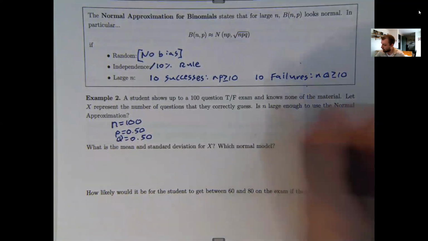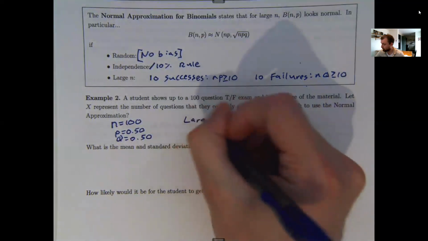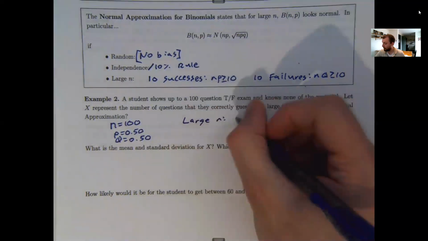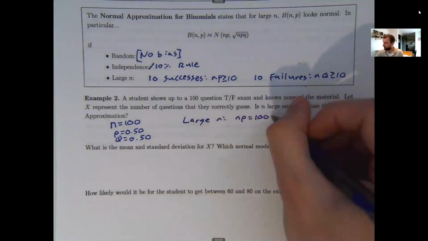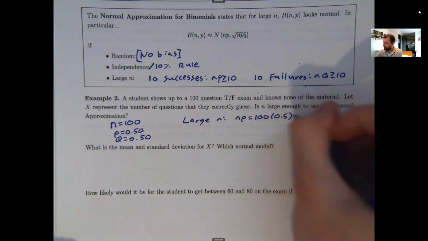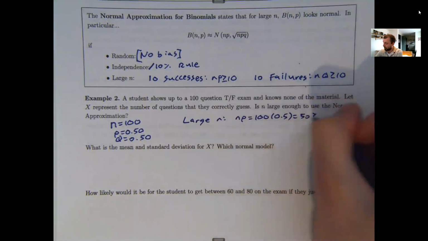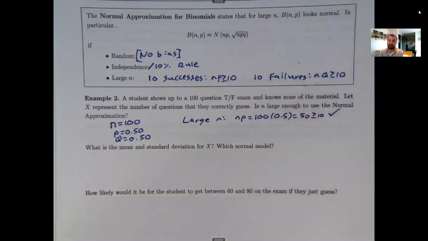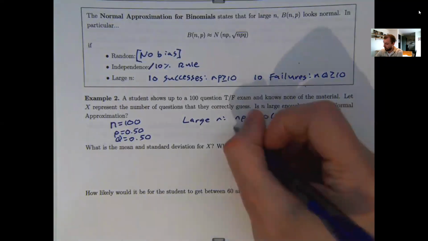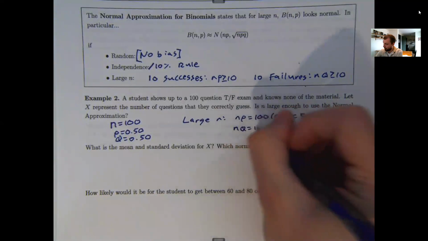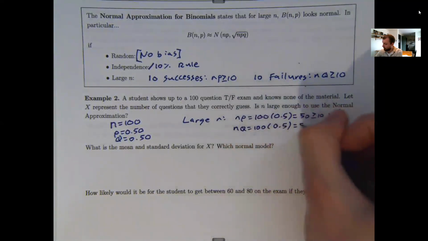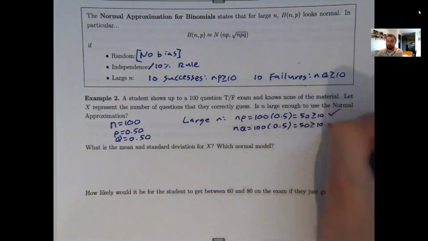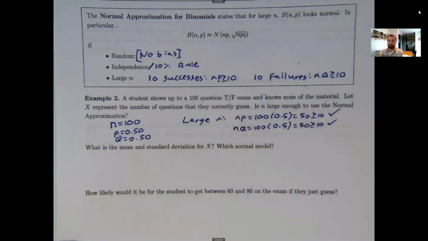So let's check large N. I'm doing N times P. I have 100 times 0.5. That gives me 50. That's bigger than 10. I should expect to get at least 50 questions right. N times Q, I have 100 times 0.5. This is giving me 50 as well. I'm expecting to get 50 failures.